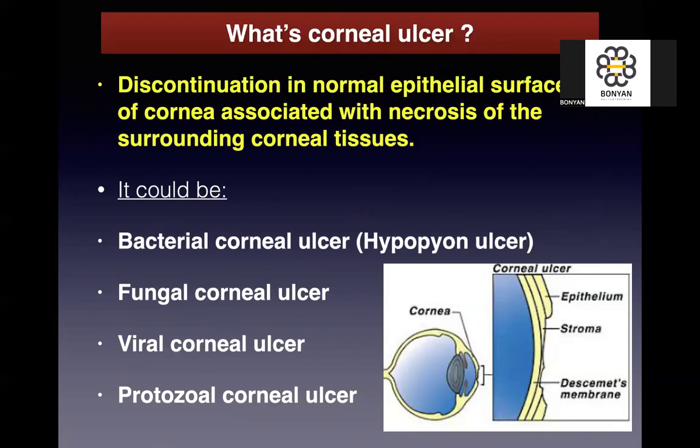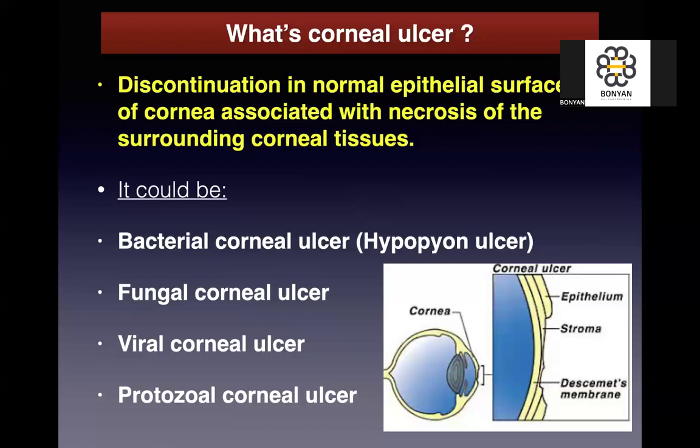The second issue is that the corneal ulcer is a process of tissue necrosis and other pathophysiological events happening at the level of the tissues, which is not stopping at any layer. It may go deeply, even into the deep stroma, and it may go for full thickness necrosis and perforation of the cornea.